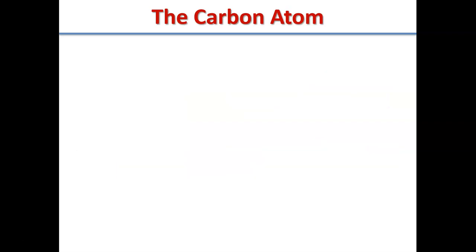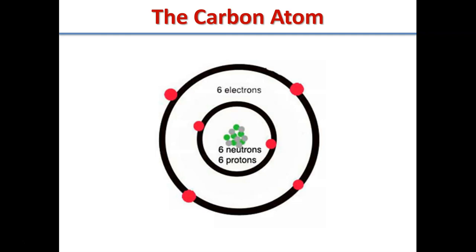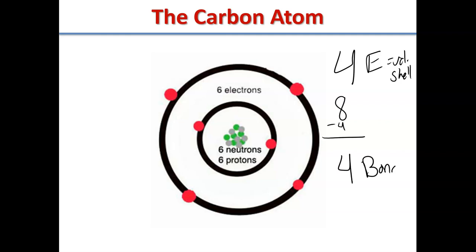What you should have come up with is something that looks like this, in which we have 4 electrons in our valence shell. And then because we're working with the octet rule, we have 8 minus 4. That means we have 4 bonds that we can actually create with carbon.